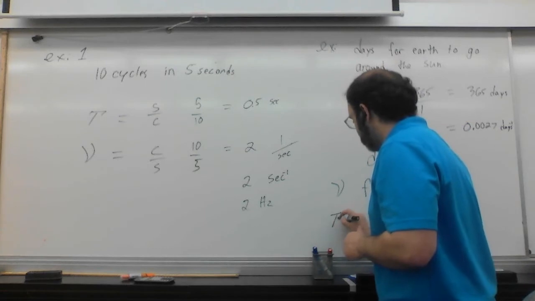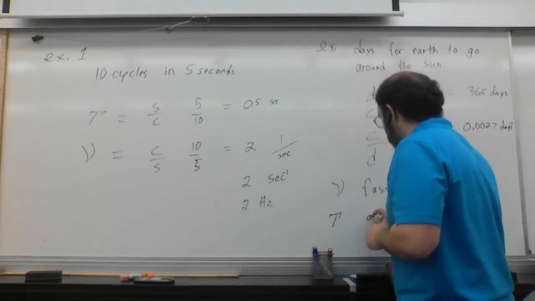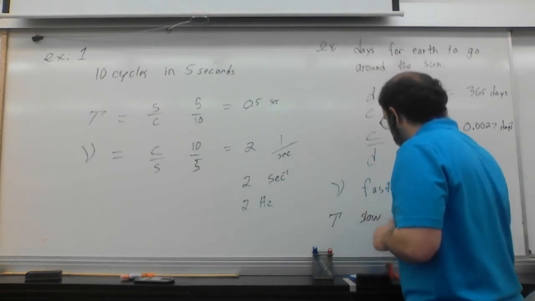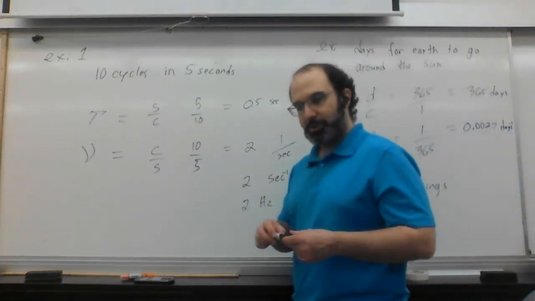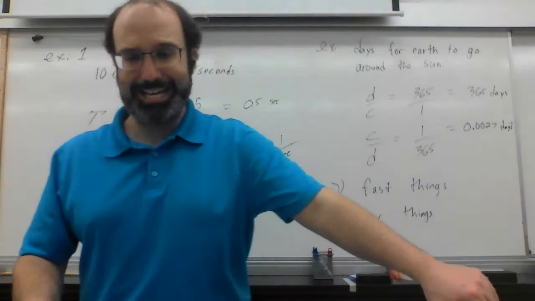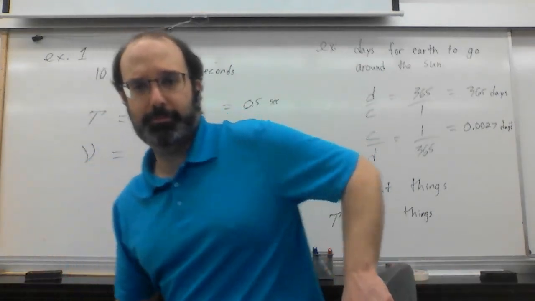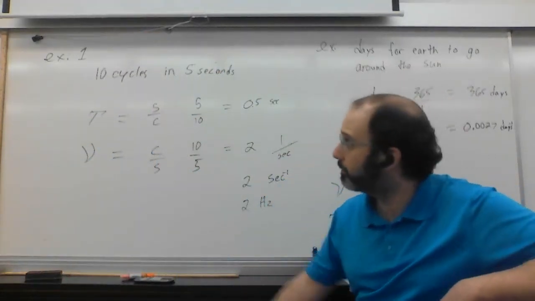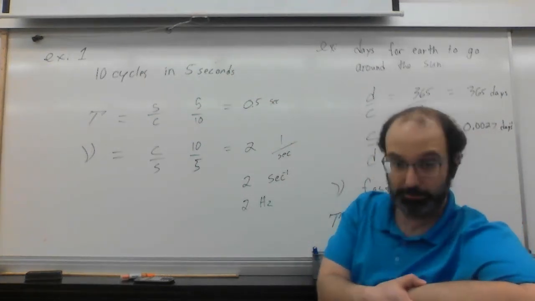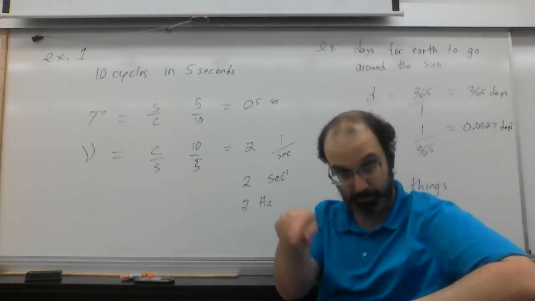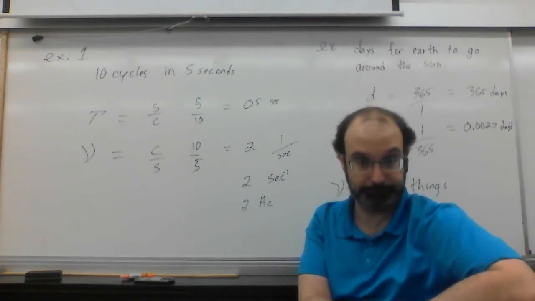Period is good for slow things. The Earth is slow. It takes days to go around the sun. My little example here is pretty quick. It takes multiple cycles in 1 second.